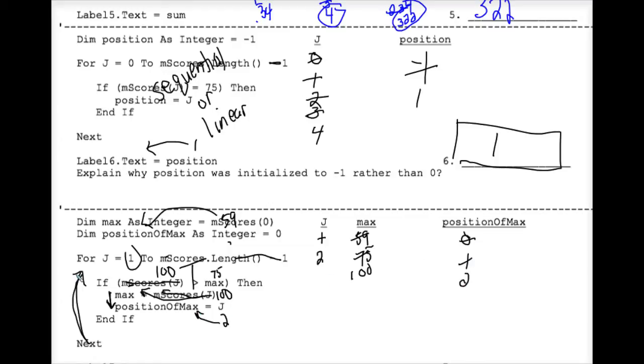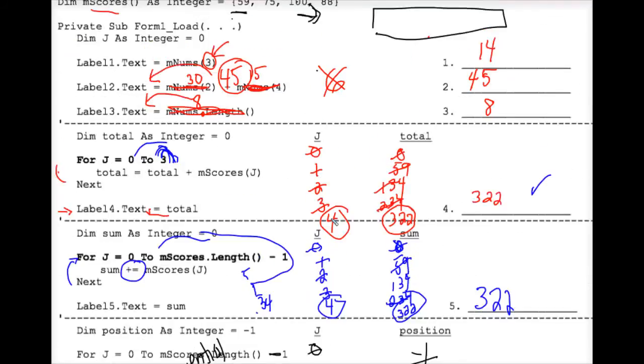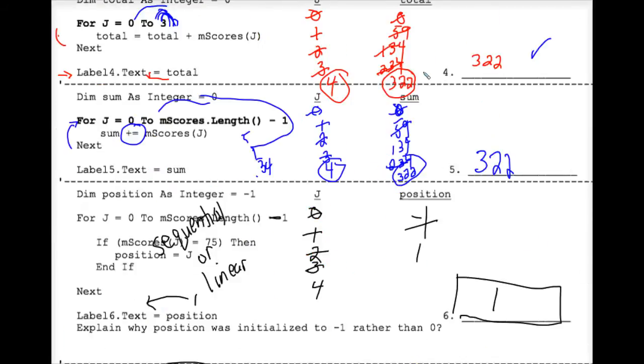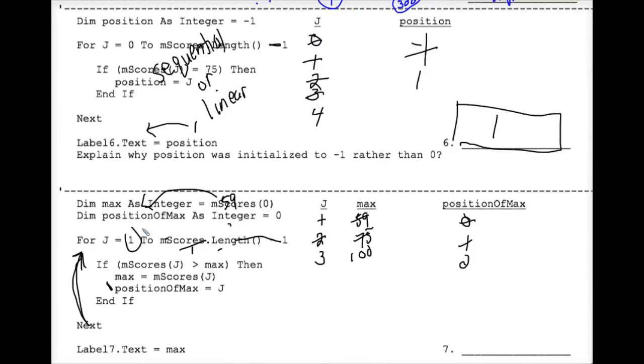We loop back up to the top, j bumps up to 3, and we analyze this all over again. The number that's in position 3, 88: is 88 greater than max?